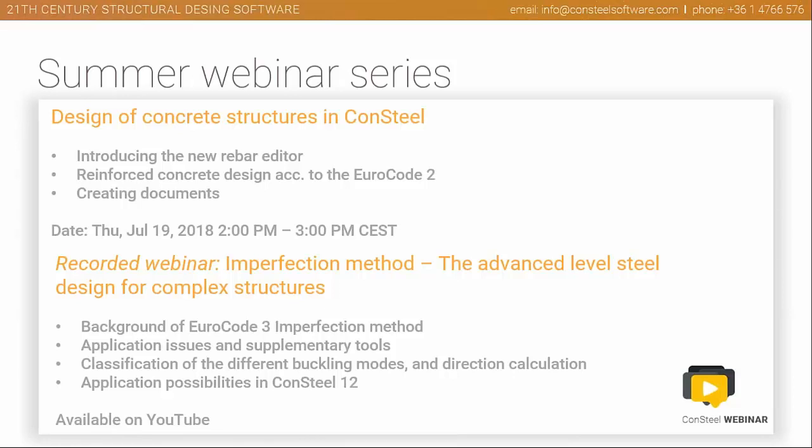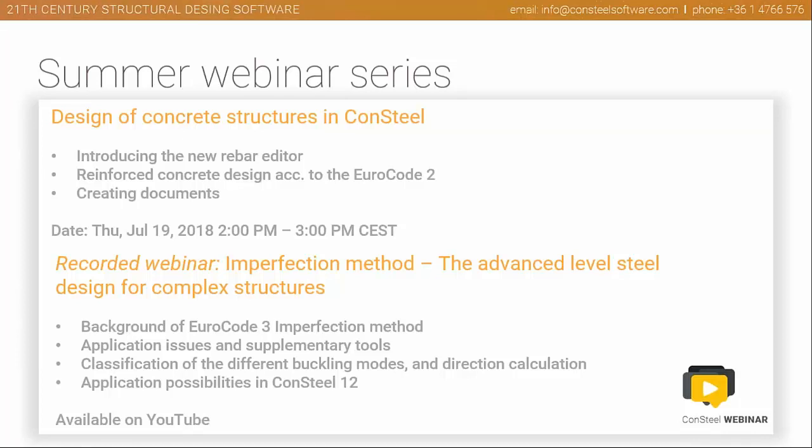Let me summarize the summer webinar series of this year. So far we had a previous webinar about the imperfection method, which was about the background of the Eurocode 3 imperfection method, the application issues and supplementary tools, classification of different buckling modes and direction calculation, and also the application possibilities in ConSteel 12.